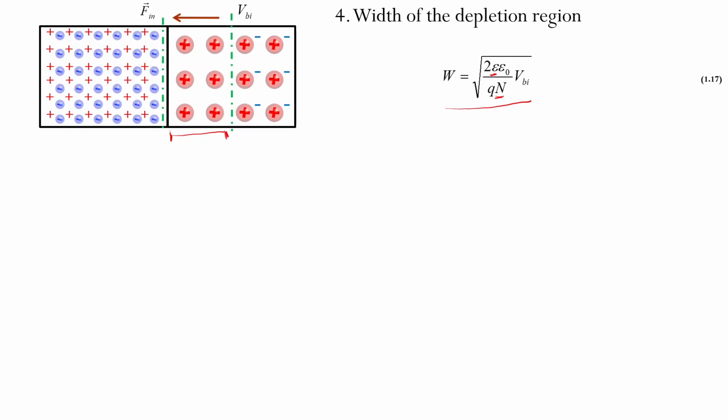You made the material, it possesses a certain dielectric constant and a certain concentration of donors. So what is the option to change the thickness of this depletion region? Here is this potential difference, the built-in voltage, VBI. How can we manipulate it? We can probably apply some external bias.